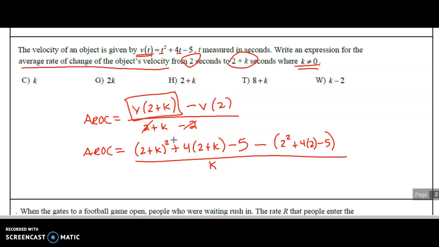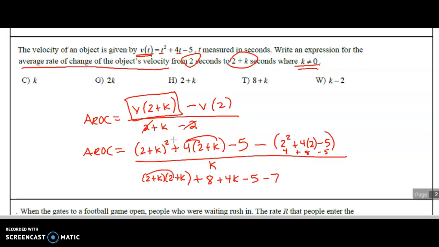Now, you cannot just square each of these terms. Remember, that does mean 2 plus k times 2 plus k. And then all of this. I'm going to go ahead and distribute. So I get 8 plus 4k minus 5. And then let's clean that up. What's that? 4, 8 minus 5. So 4 plus 8 is 12. 12 minus 5 is 7. So minus 7.